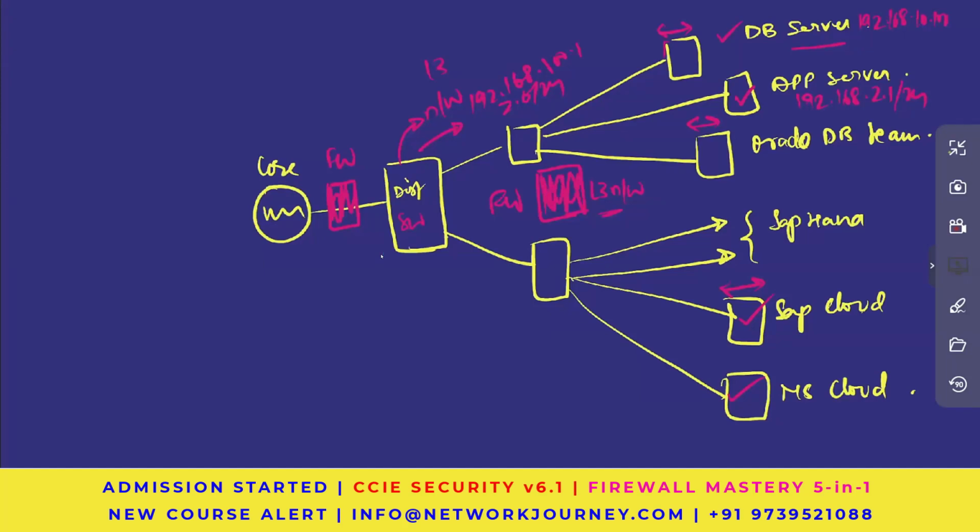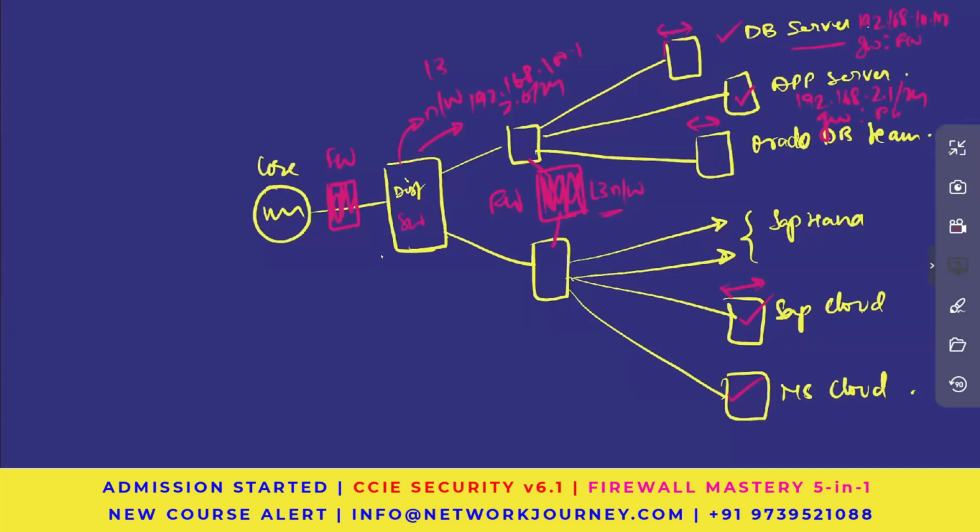Okay. And now what happens? You over here would configure the gateway pointing to that particular firewall. Now you know that concept of the implicit deny. So by default, they will not be able to talk.